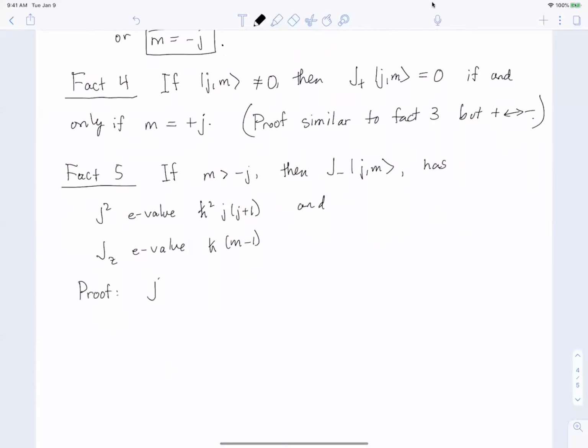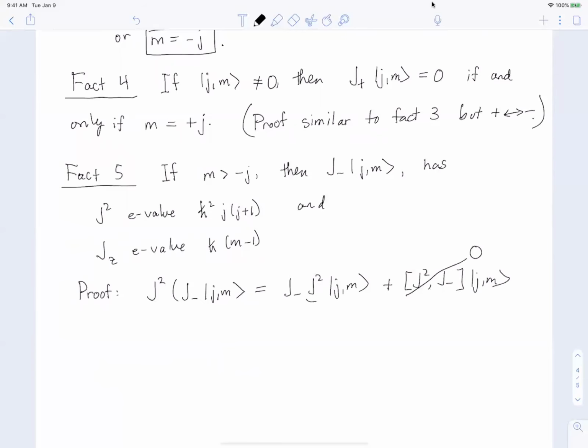The proof is, first of all, for j squared, if we act j squared on j minus jm, now we can use the commutator algebra to rewrite this as j minus j squared acting on jm plus the commutator of j squared and j minus. Okay, the commutator, though, was 0.